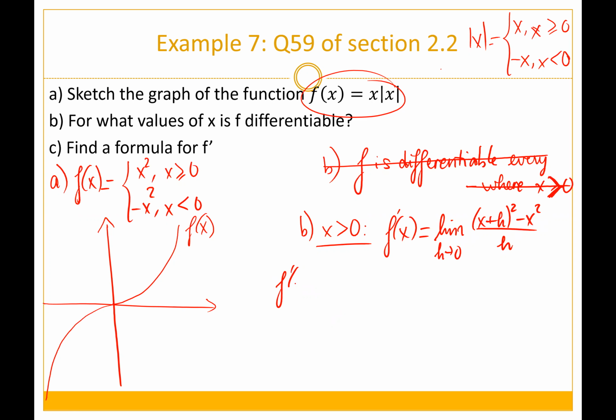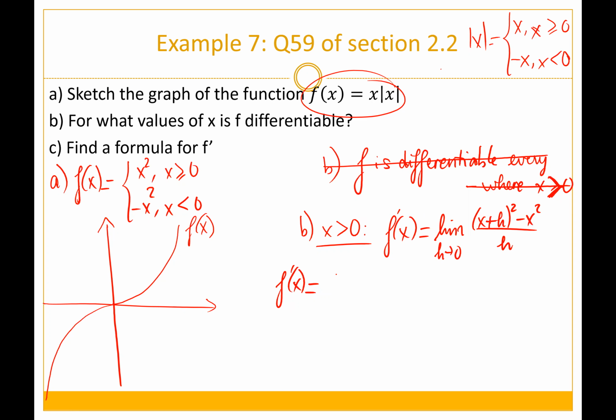So f prime of x is going to be, and why am I writing this as x plus h squared? Because when x is bigger than 0, the function is x squared. But when x is smaller than 0, it's the other way around.